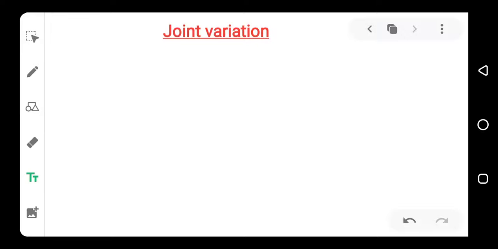Today we want to continue with our discussion on variation. In our previous lesson, we talked about direct and indirect variations, and we noticed that in direct and indirect variations, one variable or one quantity varies with another quantity.